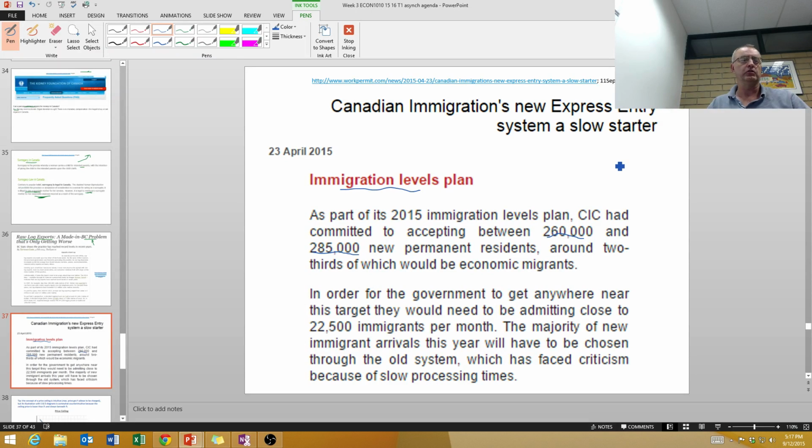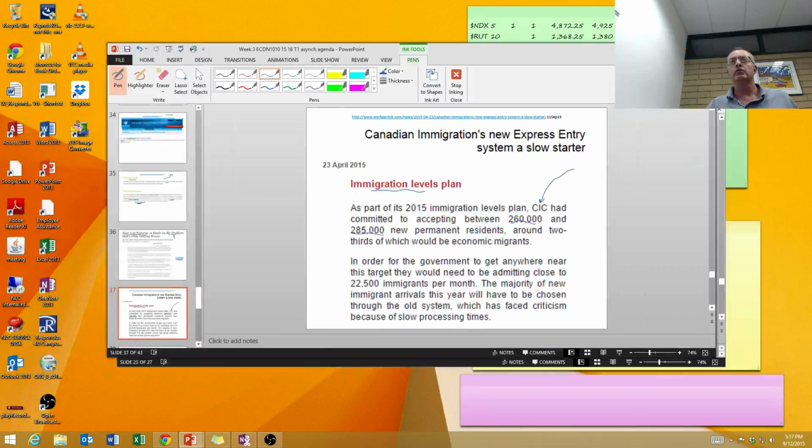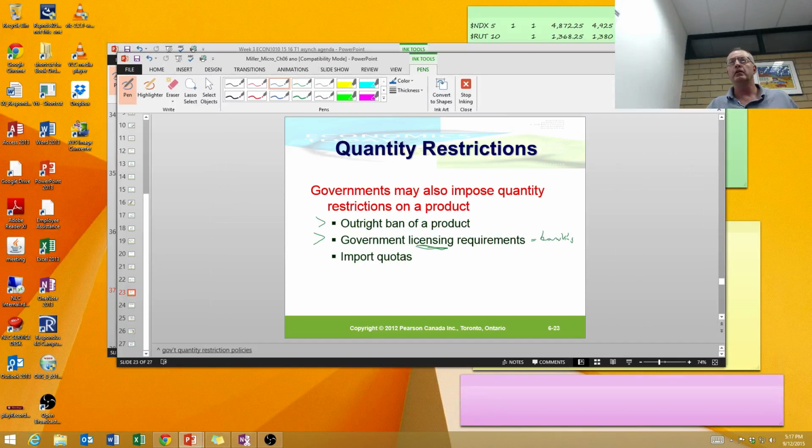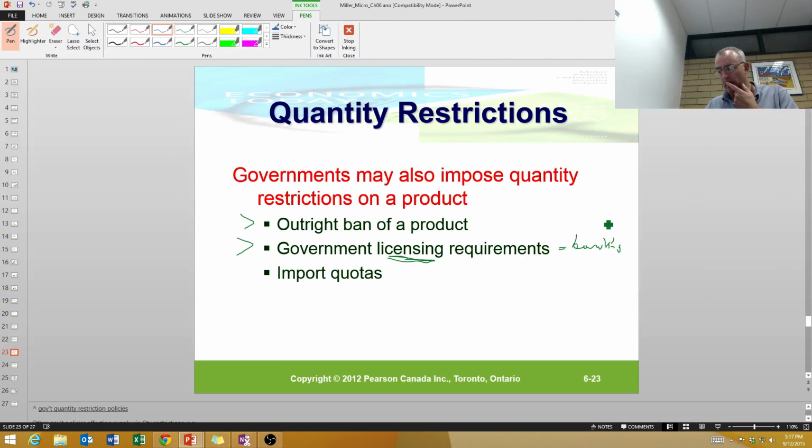Presumably there's more people who would prefer to move to Canada than the government allows. So effectively, the government restricts the importation of foreigners through these immigration levels. So it's effectively an import quota on migration, although occasionally you'll have it in product markets as well.